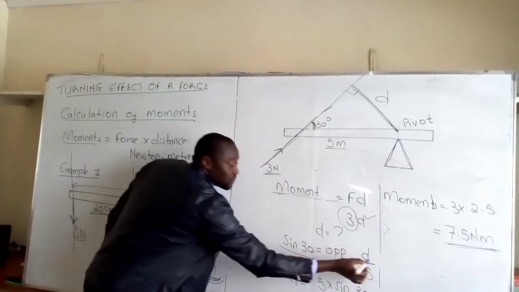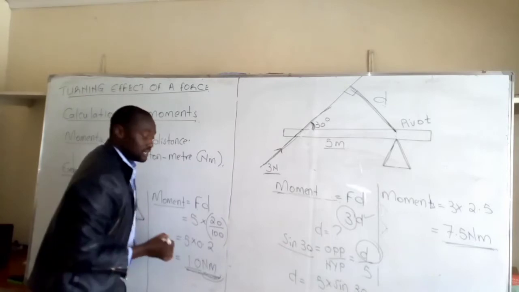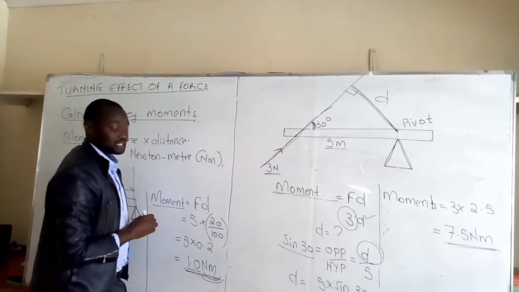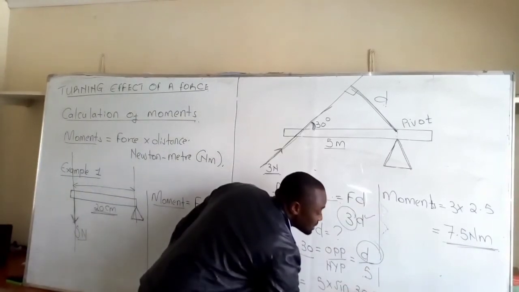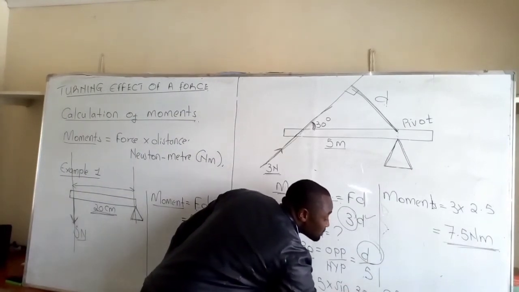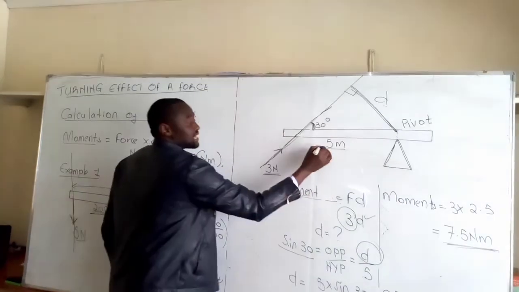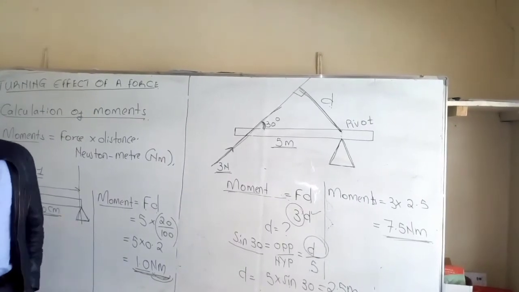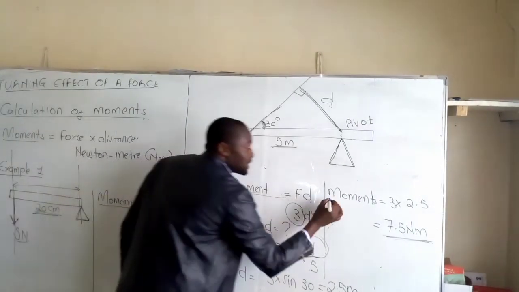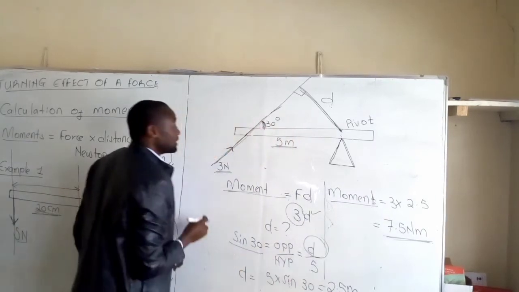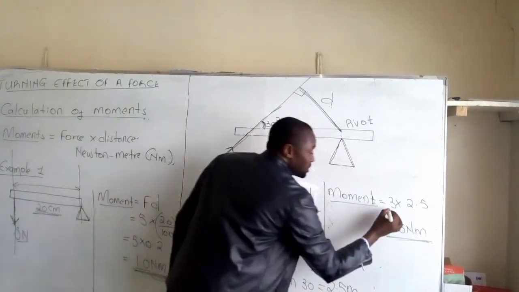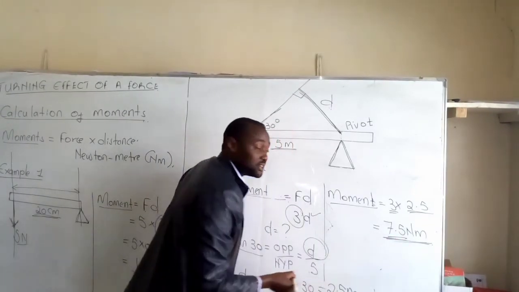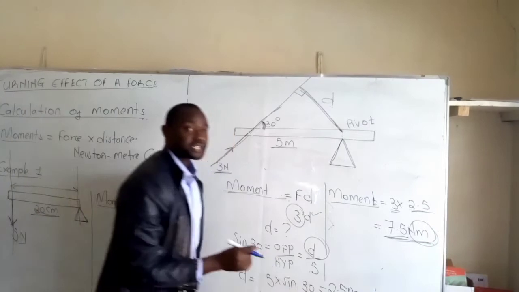And therefore, we can get the value of D as 5 times the sine of 30, which gives us 2.5 meters. Note that our 5 was already in meters, so no conversion was required. Therefore, our moment caused by the 3 newtons will be 3 times 2.5, which is 7.5, and again the units, newton meter.